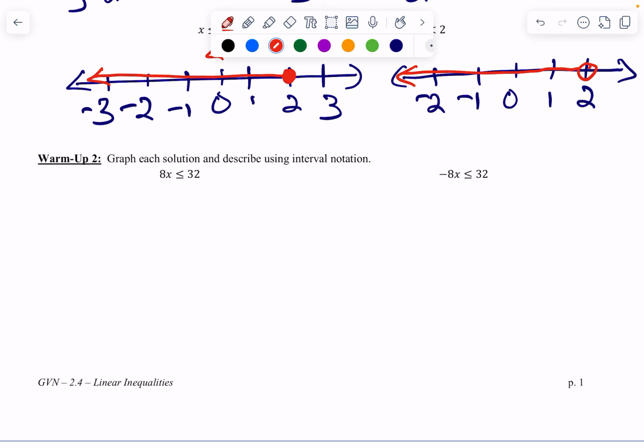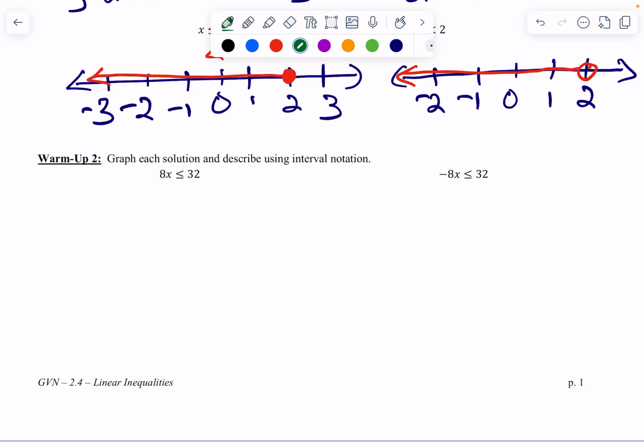But now, if you look at this one, we have to do some calculations to it before we can graph the inequality. So what we need to do is isolate the x. So 8 times x, there's a multiplication between the 8 and x.